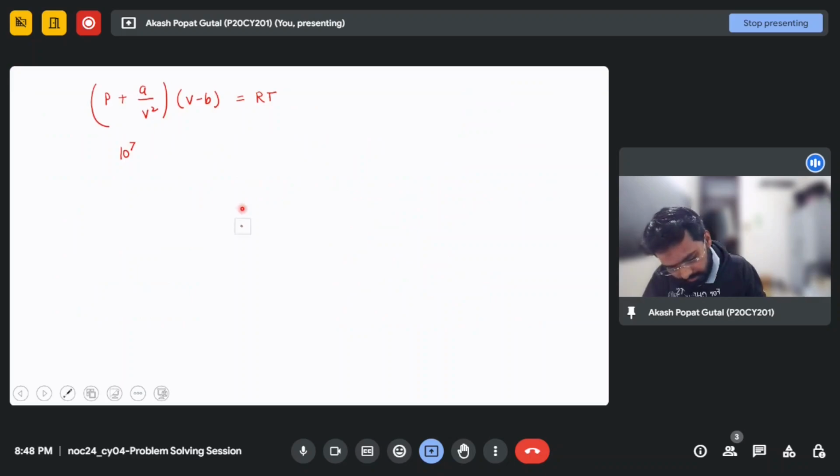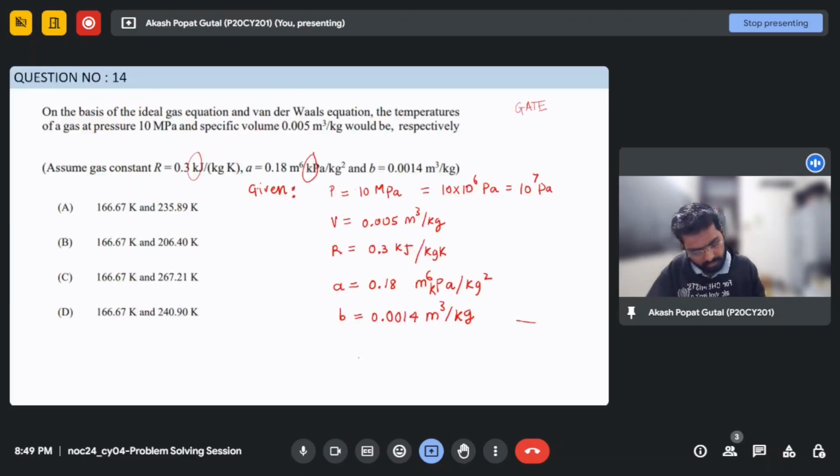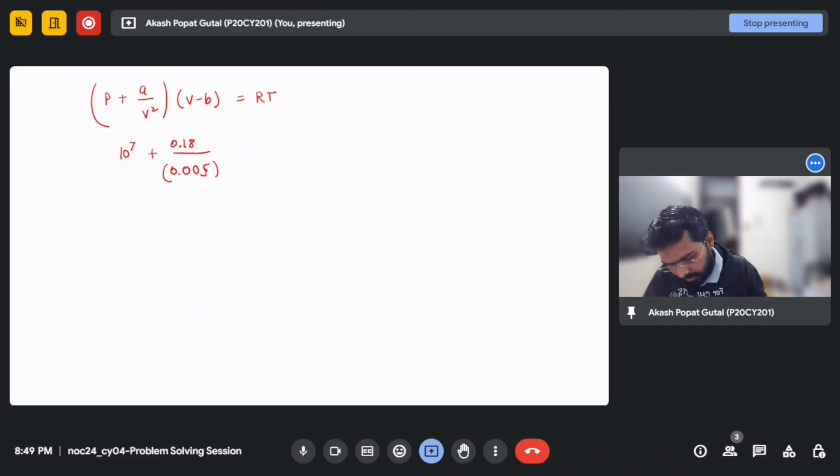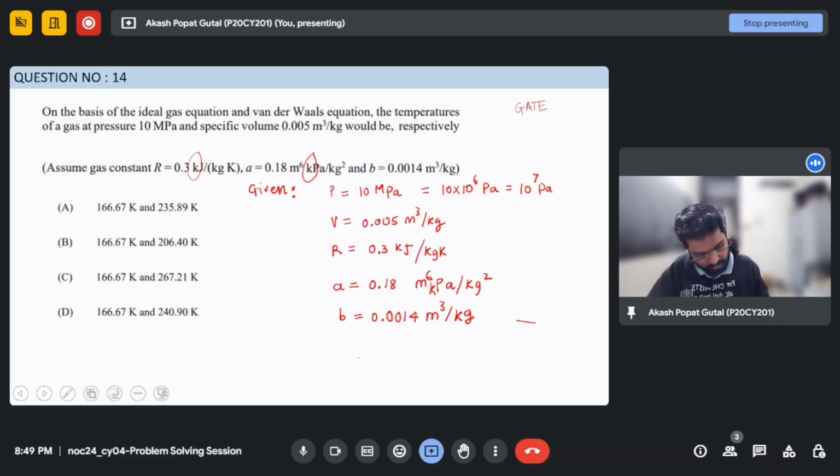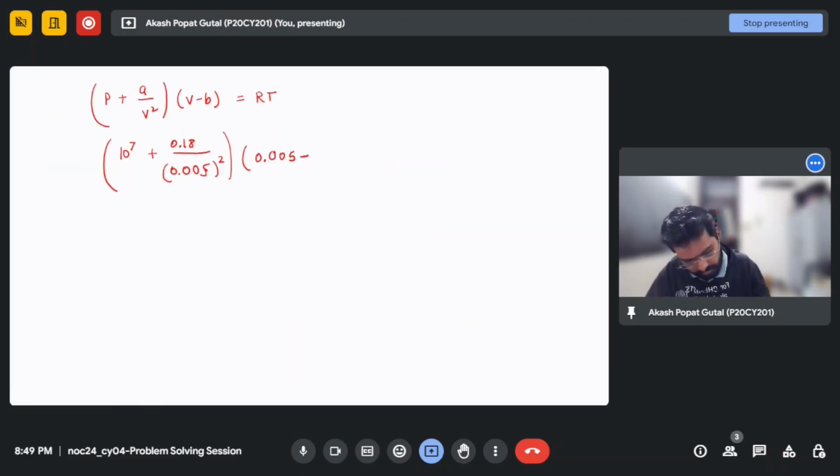So 10 raised to 7 plus 0.18 by 0.005 meter cube squared, into 0.005 minus the b value, 0.0014.